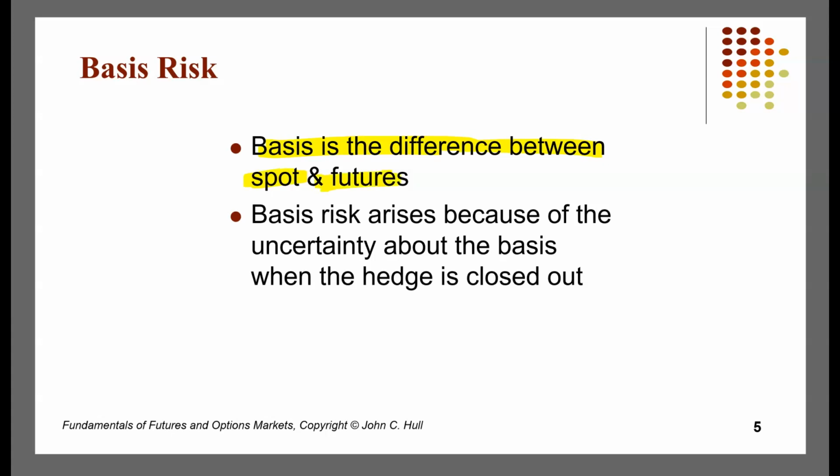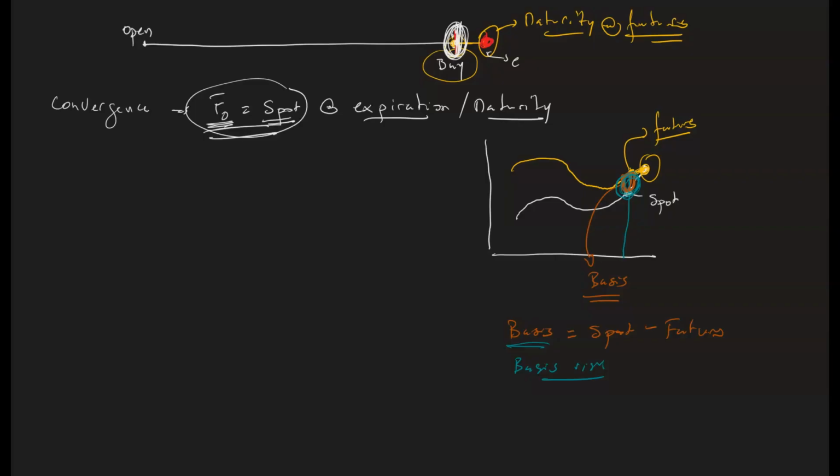And so that difference exists, whether we are here, closer to expiration or maturity, or we are here. So when we initiate the contract, there's a difference between the spot and futures. That's basis. As time goes by, basis might increase. And when basis increases, we say we have a strengthening basis, or basis is strengthening.